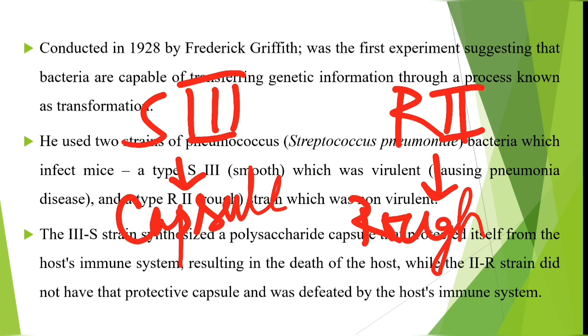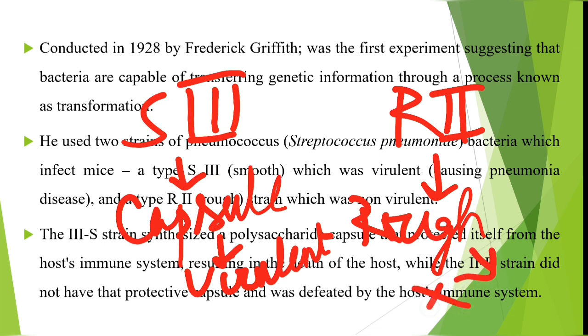Smooth strains are virulent, but R2 strains are not virulent. The virulent strain can cause pneumonia, but the R2 strain cannot cause pneumonia.